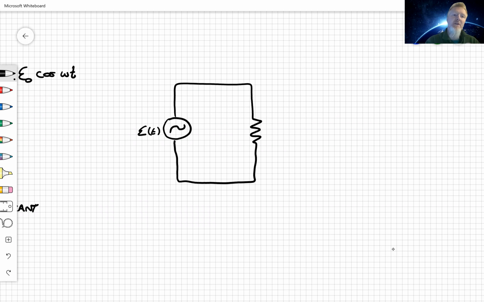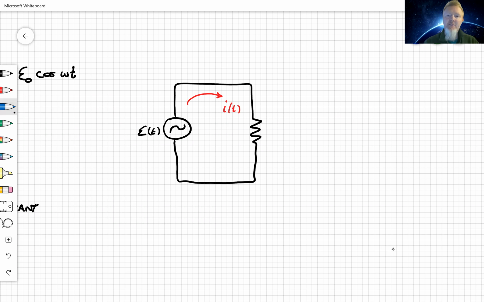The voltage is flipping back and forth as it goes, and therefore the current is going back and forth. At one instant, the current's going that way. At the next instant, it's going the other way. Since the current is now time dependent, I'd like to call it small i.